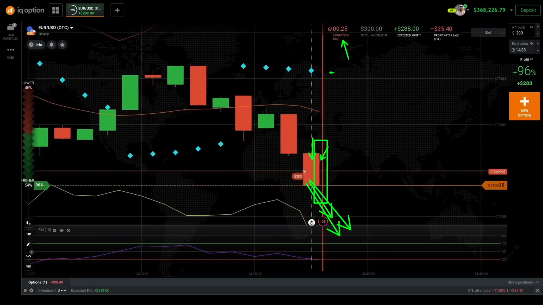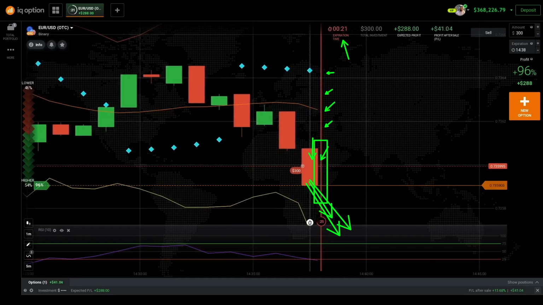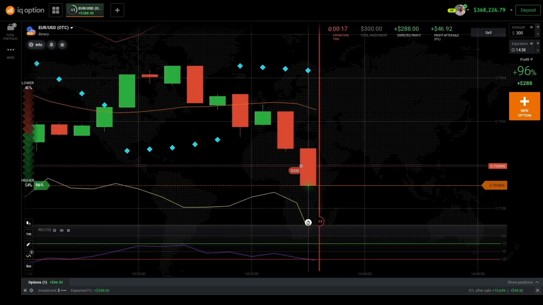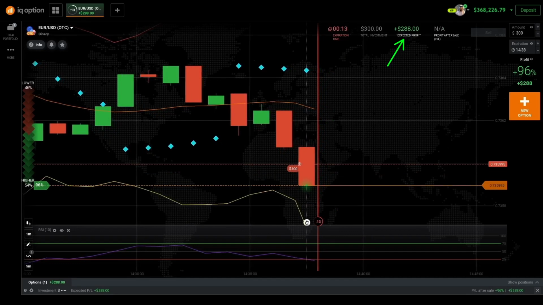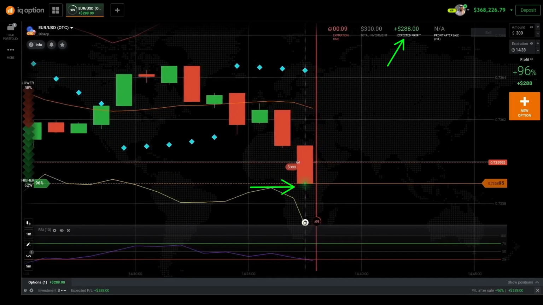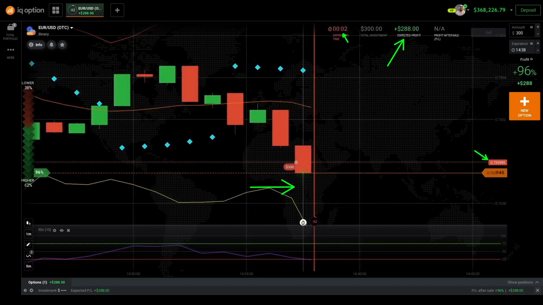By the end of this minute, this line over here means the end of the 1 minute expiration time. And as expected, I'm making $288, and I was expecting that the market will close under this price by the end of this 1 minute. So this is the real meaning of binary option.